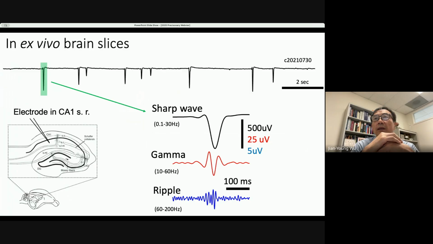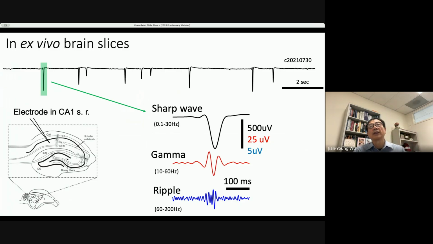Then if I filter in the gamma frequency range, about 30 to 70 hertz, you will see a signal of gamma oscillations.